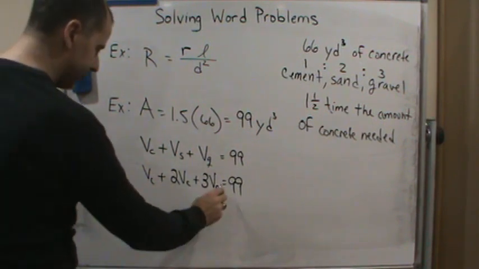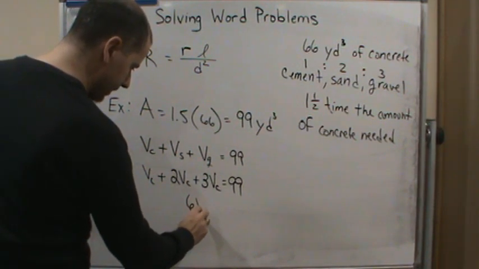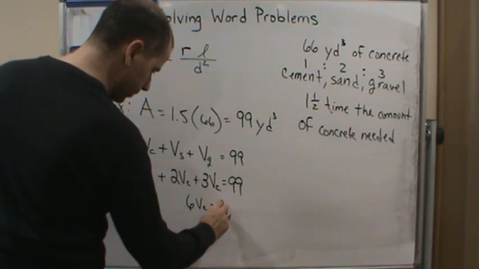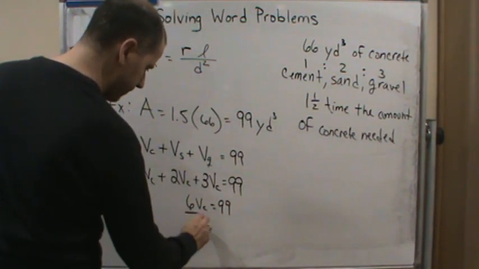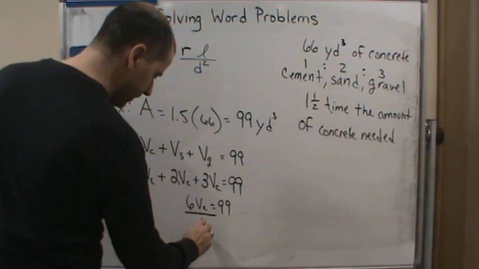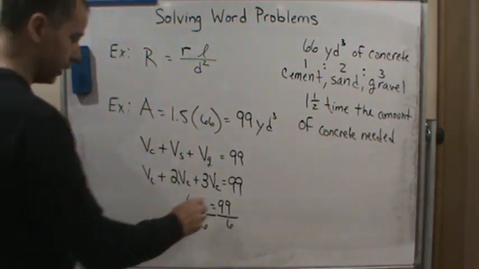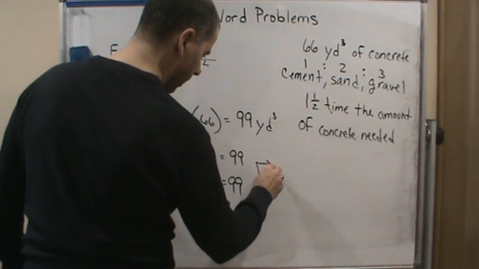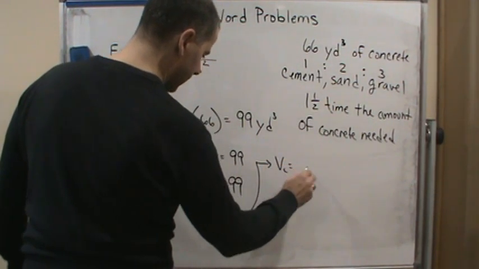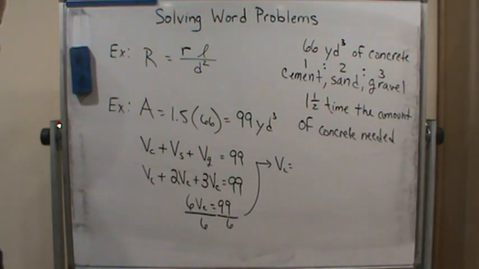Now I can add these up and I get 6 V sub C is equal to 99, and now I can solve for the volume of cement. Okay, and now what is my volume of cement going to be?